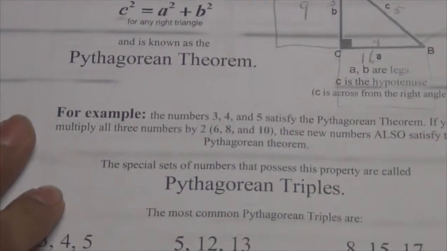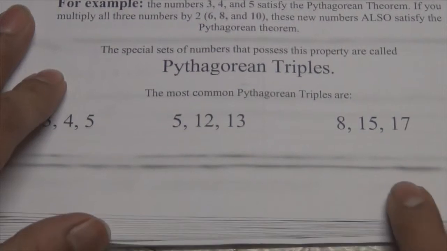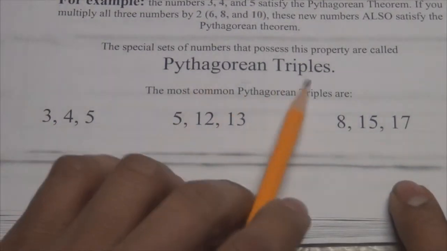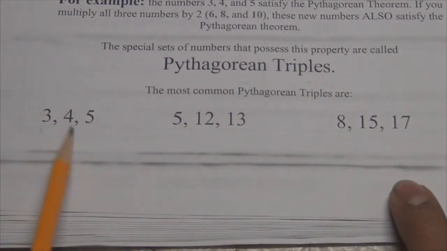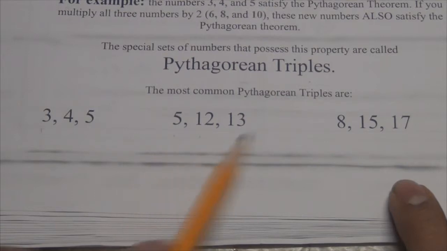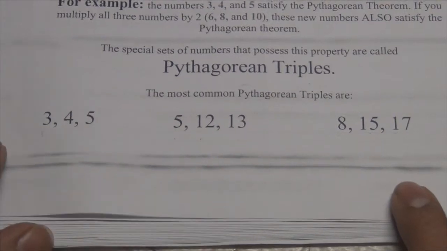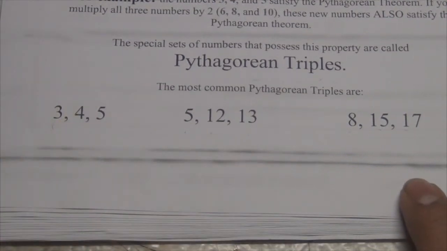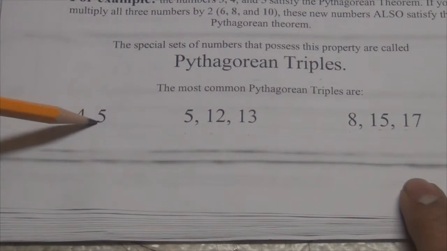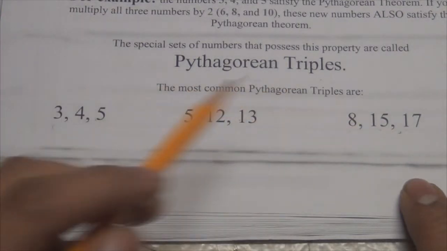Alright, so something peculiar is these Pythagorean triplets: 3, 4, 5; 5, 12, 13; 8, 15, 17. Now, how do we come up with these? Oh, that's easy. For example, we just did 3, 4, 5. Look, the larger number will always be the hypotenuse.